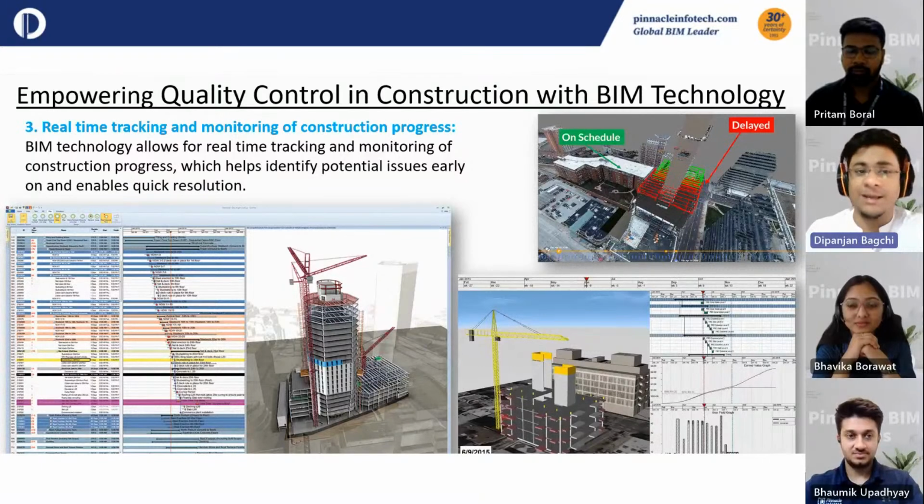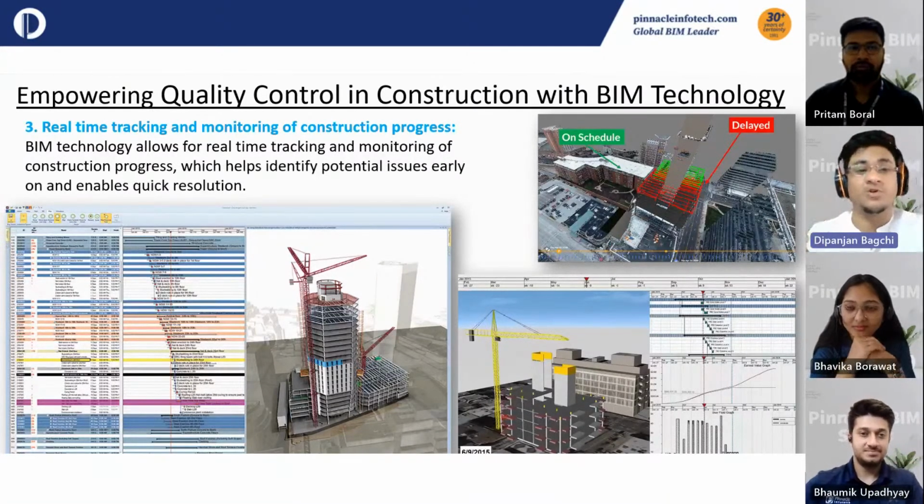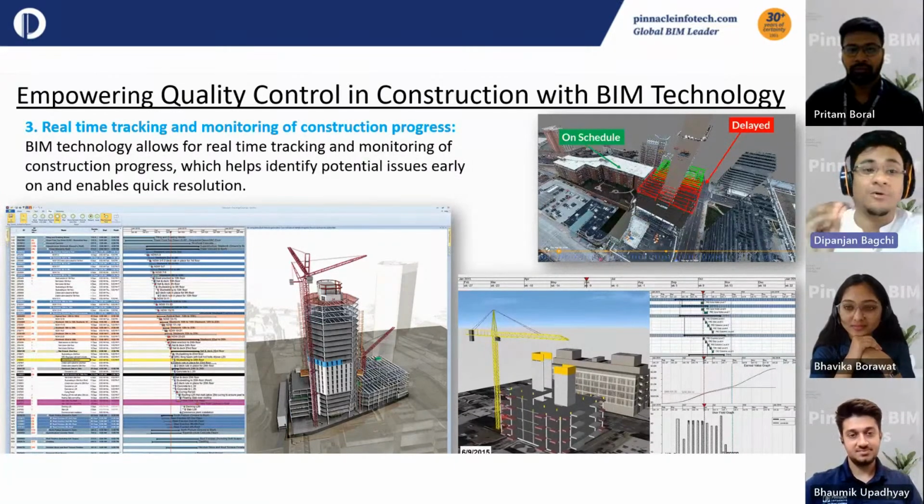The real-time tracking and monitoring capabilities of BIM technology provide numerous benefits. First and foremost, I must say, it allows early detection of any issues or discrepancies such as design errors, coordination problems, and construction deviations. By identifying these problems in the virtual model, teams can address them promptly, reducing the likelihood of costly rework, schedule delays, and budget overruns.